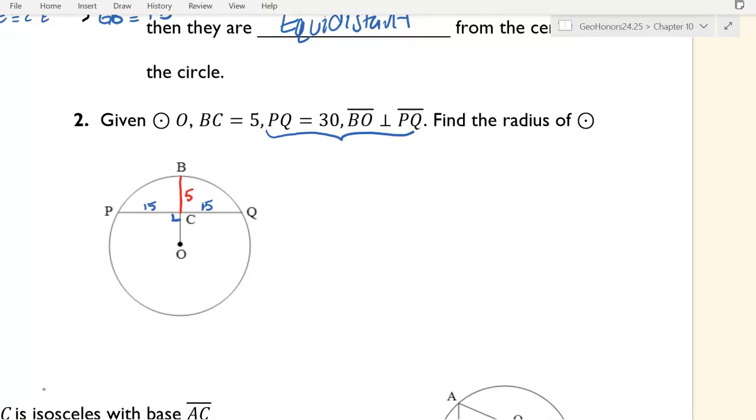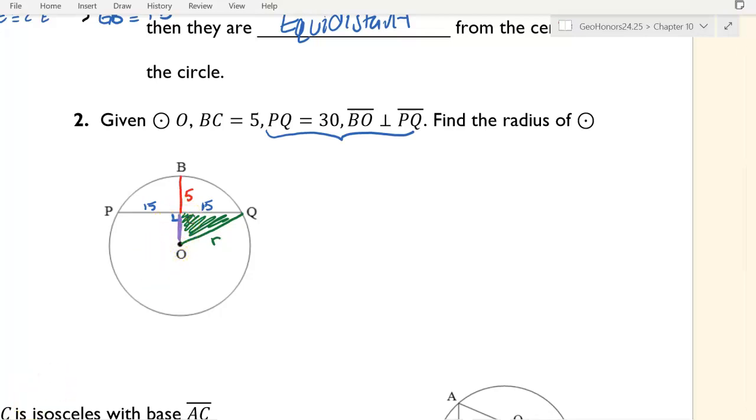What I need to do here in that case is draw in a new chord or a new radius. And note, I have now created a right triangle. And while I know one leg is a length of 15, and I know the hypotenuse is my radius, I'm still missing segment OC.